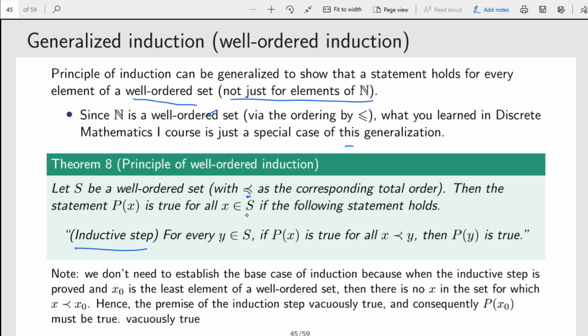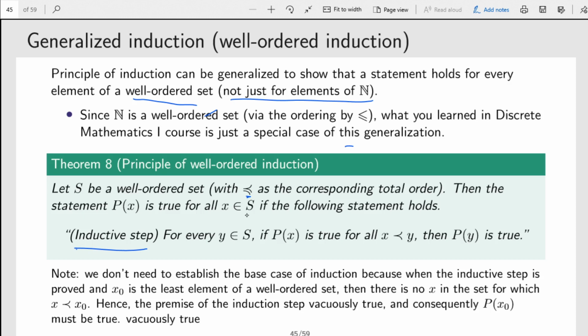Now, we don't need to establish the base case, because when the inductive step is established and x0 is the least element of a well-ordered set, then there is no x in the set for which x is less than x0. Hence, the premise of the induction step is vacuously true, and consequently P(x0) must be true.